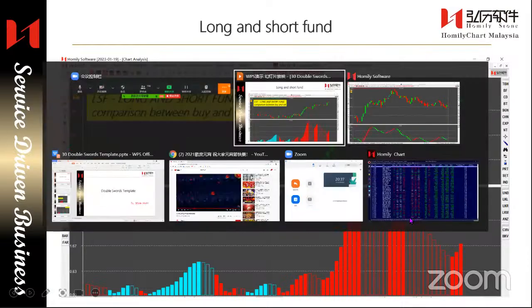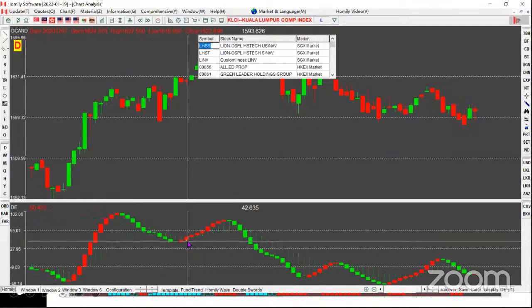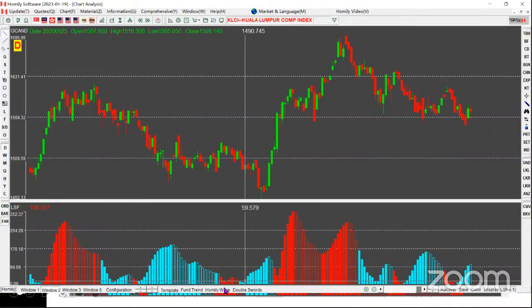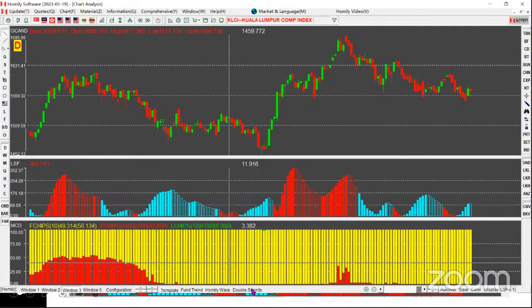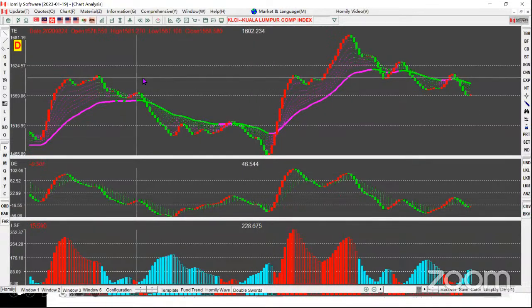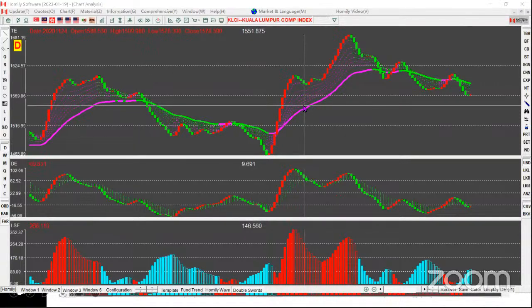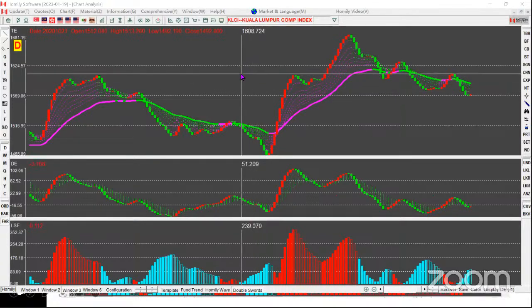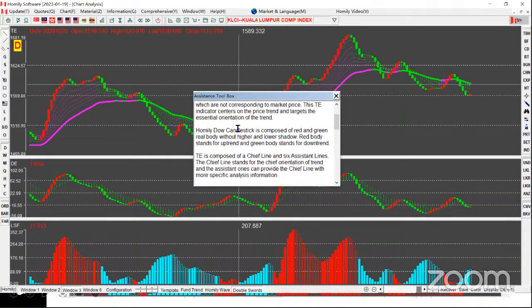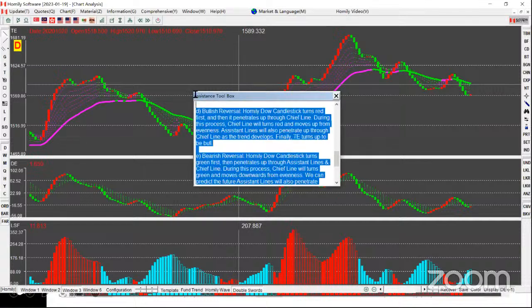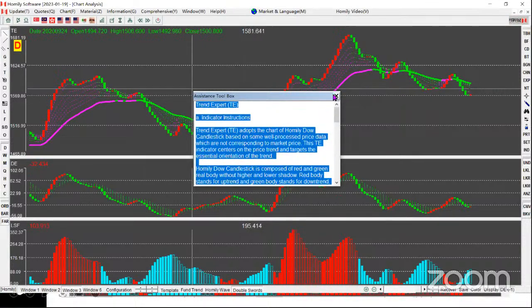Okay, we open the software. So LSF: see the red and the green. If you want to see the descriptions, I mean, if it's your first time with this indicator and you want to read more and understand more of the theories, you can right click. This is the first window. Right click and you will see the descriptions, which I think are very detailed.